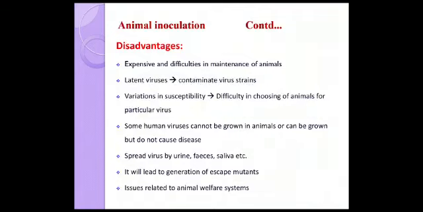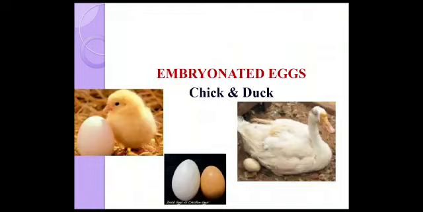That is why animal inoculation is not done. Also, these viruses can be shed in various ways from the animals, for example in urine, feces, saliva, etc., and they can produce disease in humans. Therefore, animal inoculation is not much used, except probably for suckling mice for Coxsackie viruses.